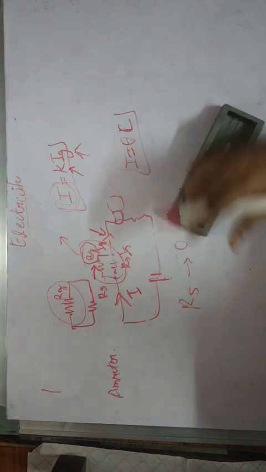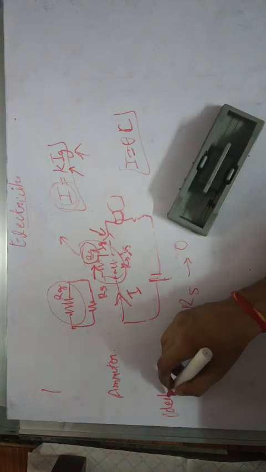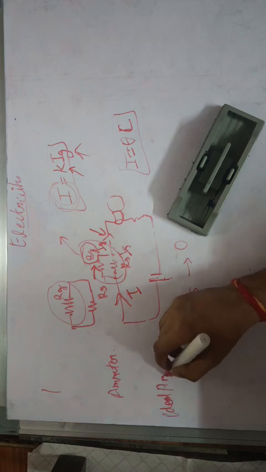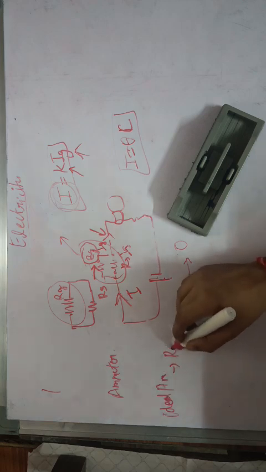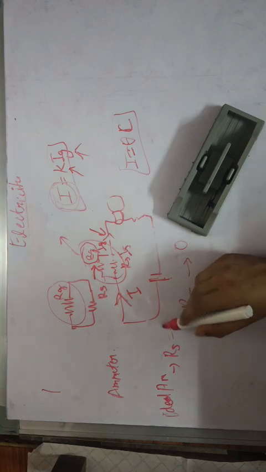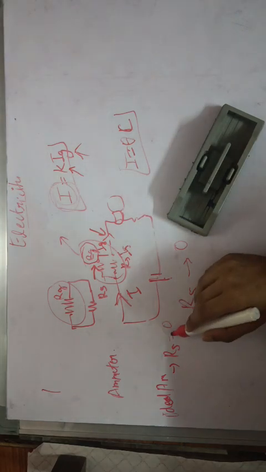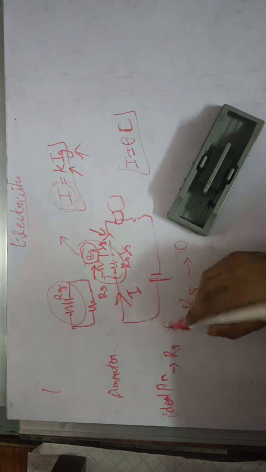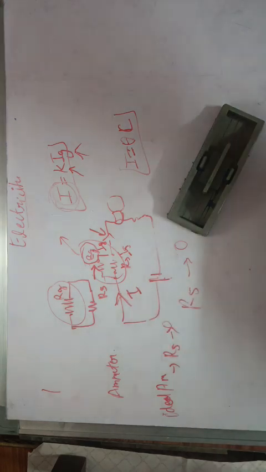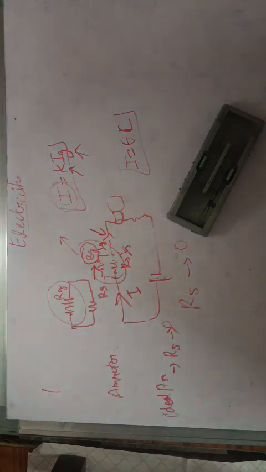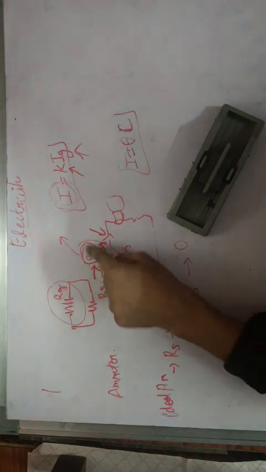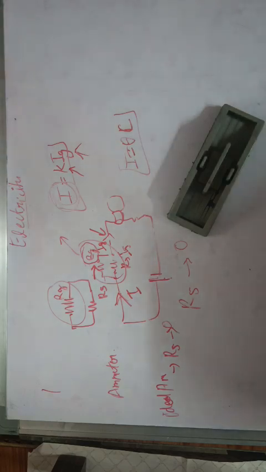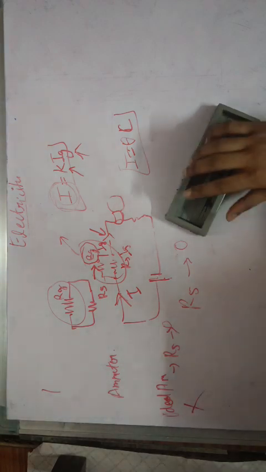For an ideal ammeter, this Rs should be approximately 0. But if this Rs becomes 0, there would be no current passing through this galvanometer resistor. So that's why there is no ideal ammeter possible.